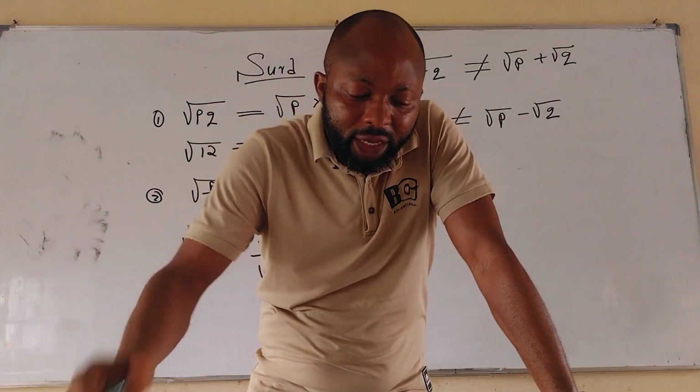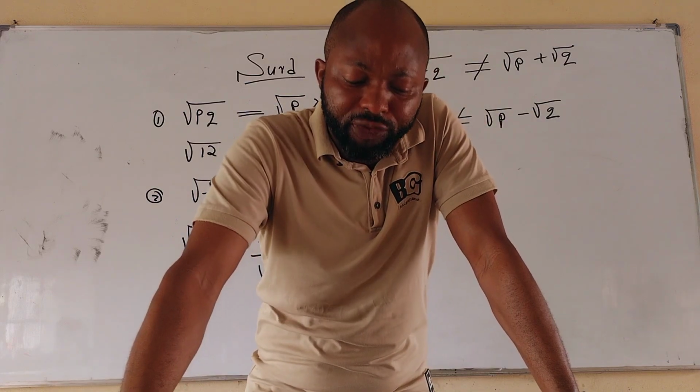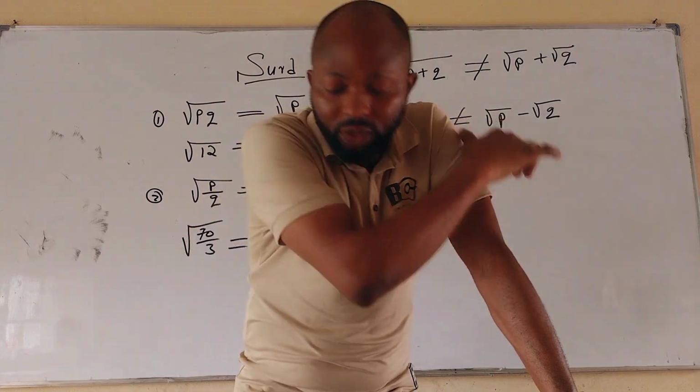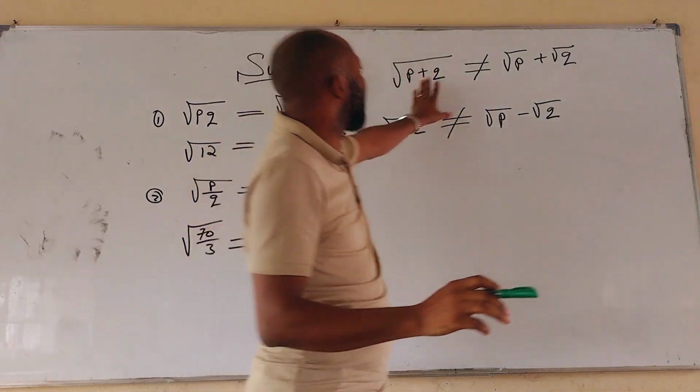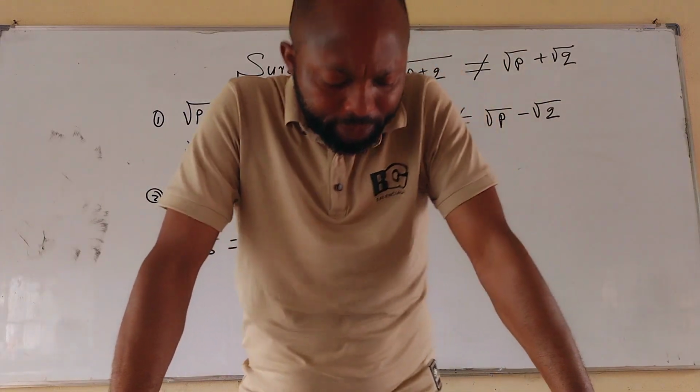Alright, let's take an example to represent what we've done so far. Provided both P and Q are positive, these are not equal to each other. So let's take one example.